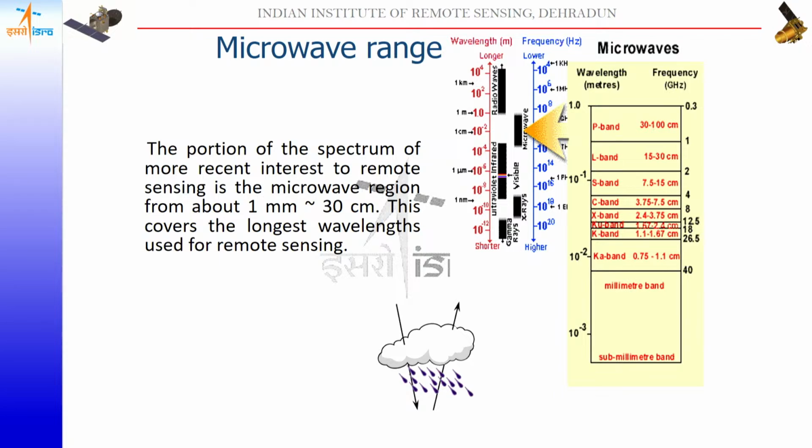Here, it is important to mention that microwave attained its popularity because of its ability to penetrate below the clouds also and bring in the signals from the surface. But now it's being used in almost all the applications.